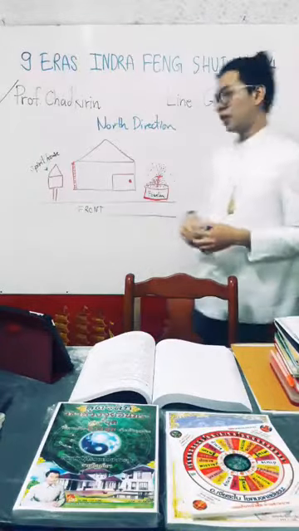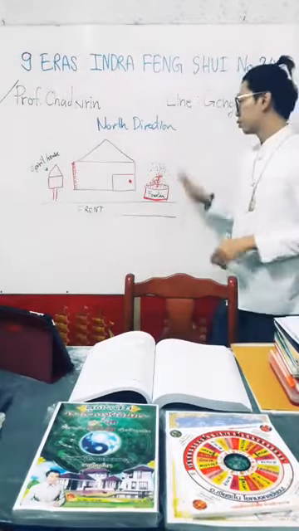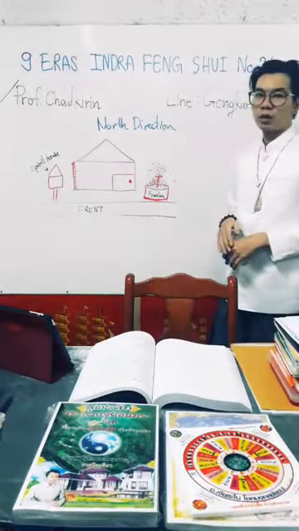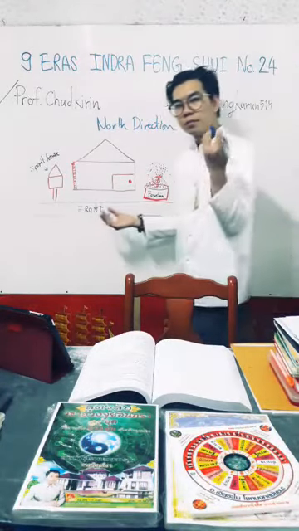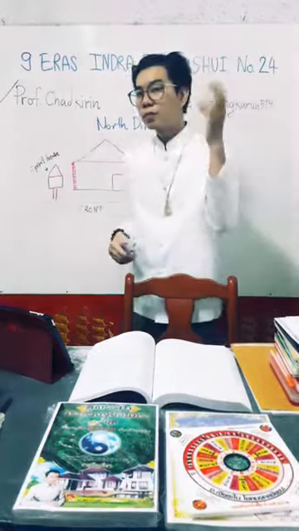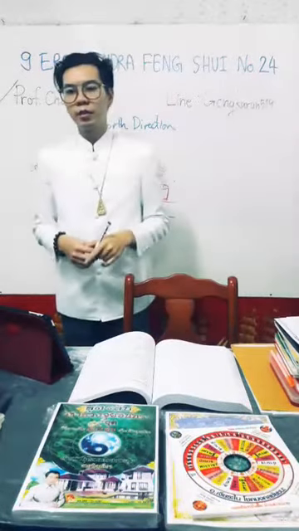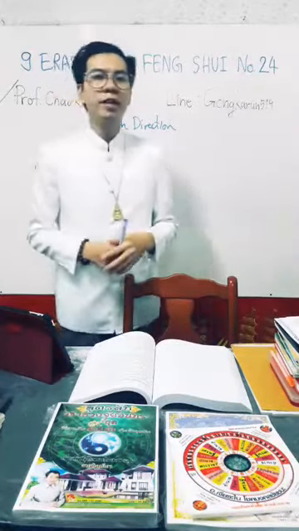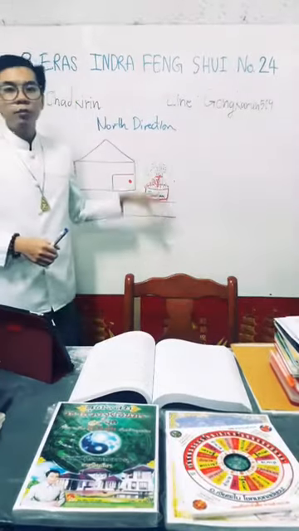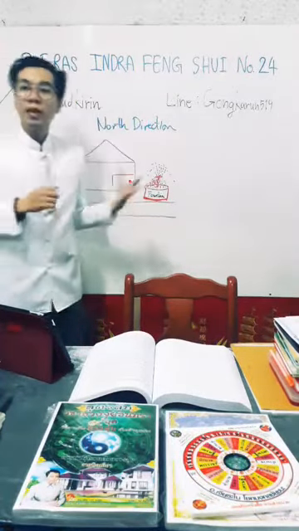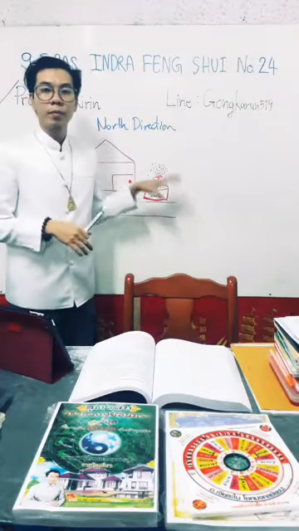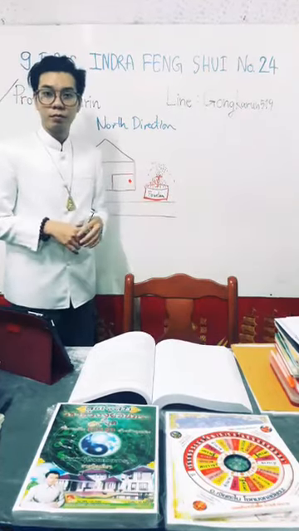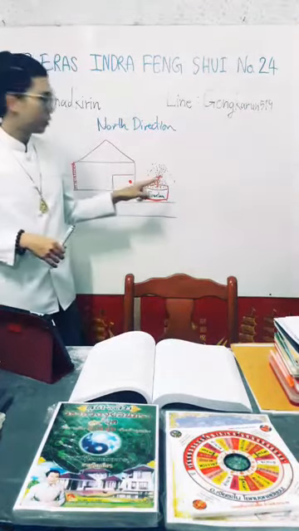So this part we can bring it to settle in this part. For the fortune, there's also the water element. We bring the water element in this part to stimulate the wood element. So we will bring it to this side.